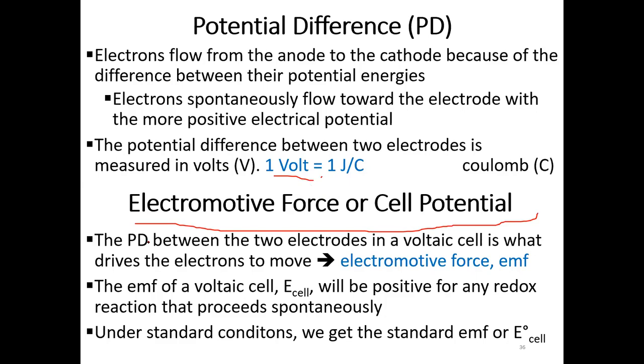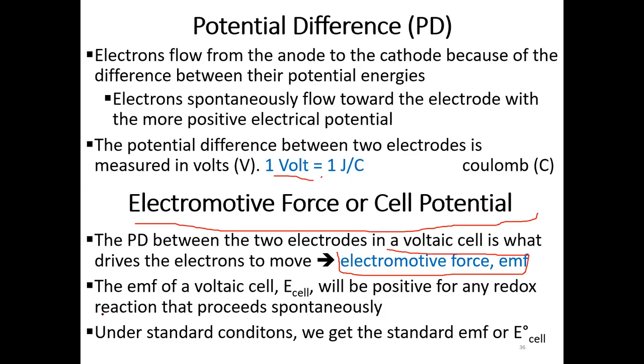The potential difference between the two electrodes in a voltaic cell is what drives the electrons to move. What is the difference between the anode and the cathode? This is what drives the electrons to move, and this is what we call the electromotive force, EMF. Very important.